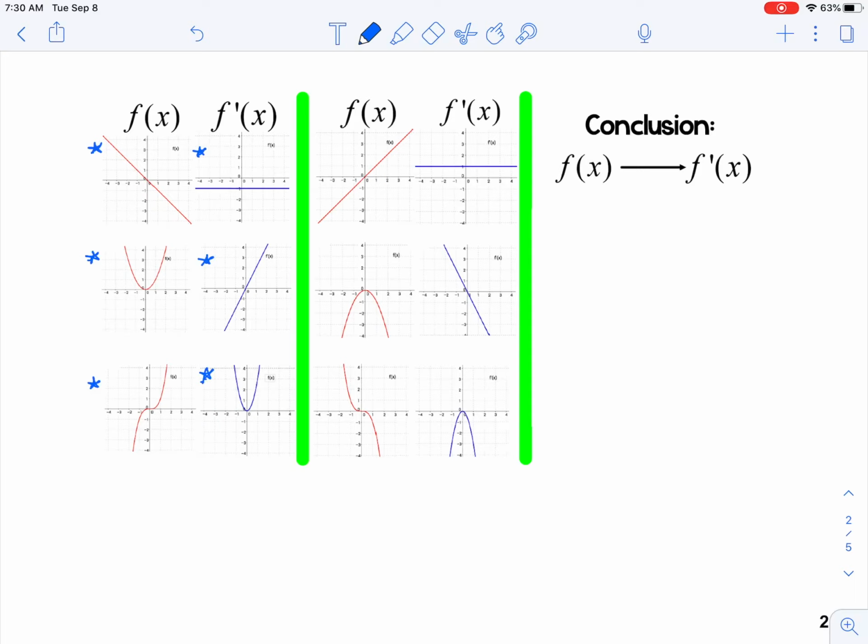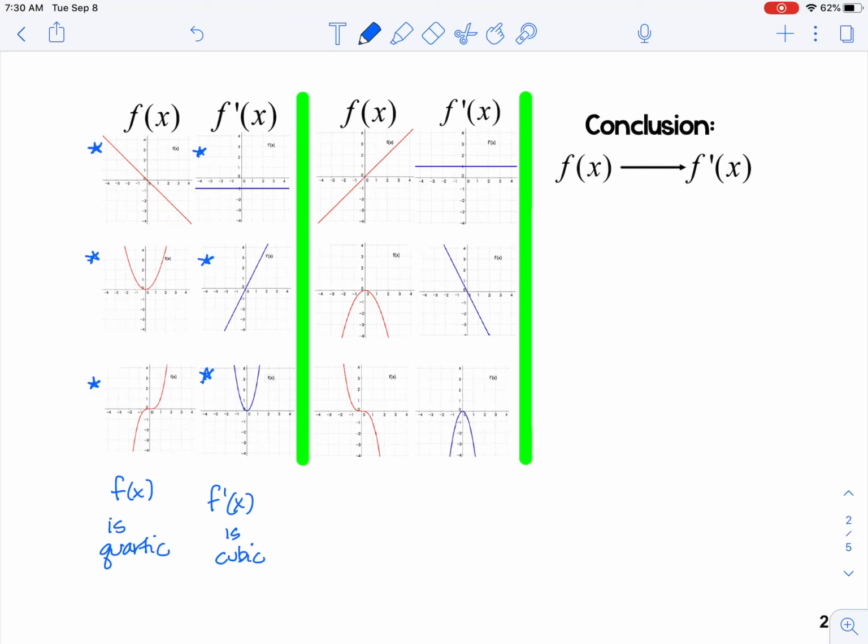And that's the same for the second column of things. It's just slightly different functions. So what do you think if f of x is quartic, meaning a degree of 4, then f prime of x will be, you guessed it, cubic.